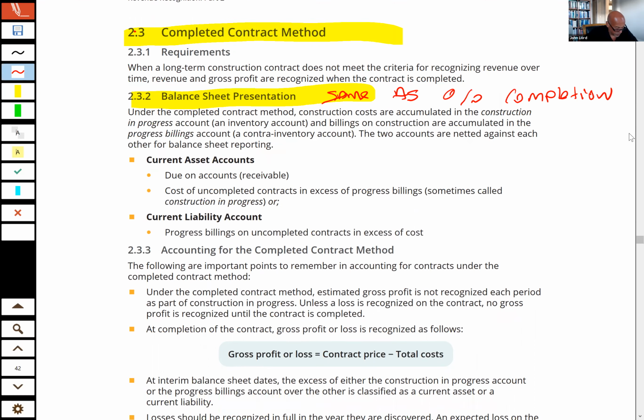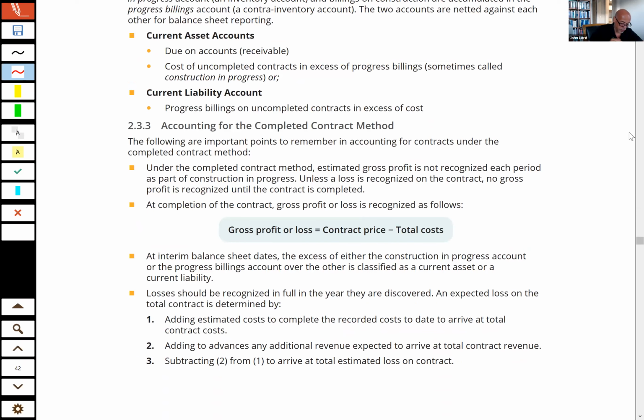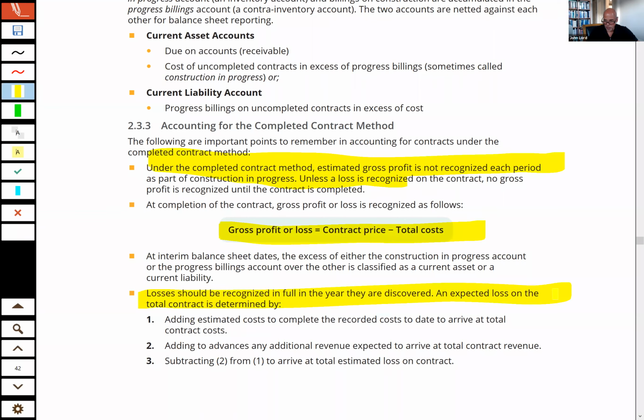Now we are going to figure out the profit on the contract as we did before: contract price minus total estimated cost. Under the completed contract method, estimated profit is not recognized each period unless there's a loss. A loss is recognized immediately. We saw that in the example. That's it.